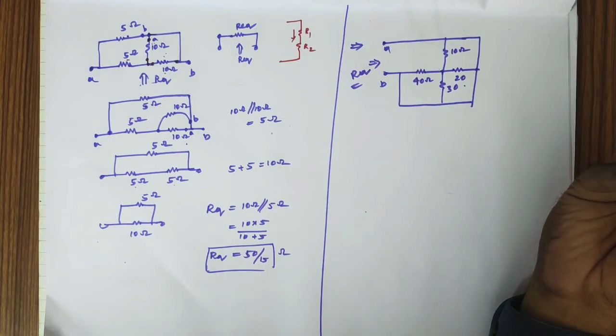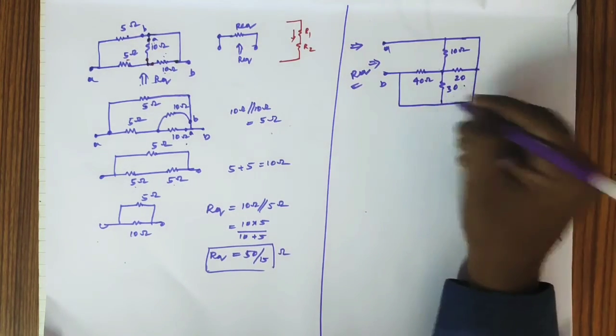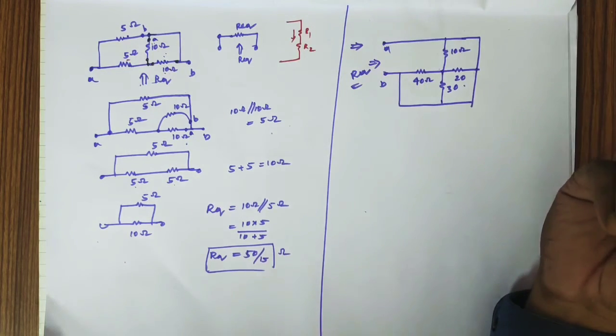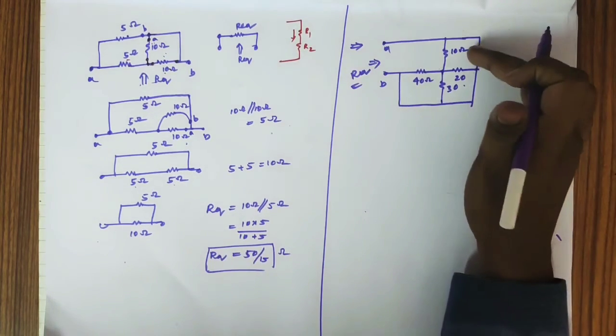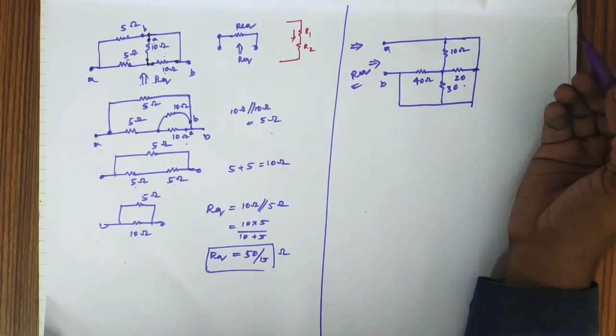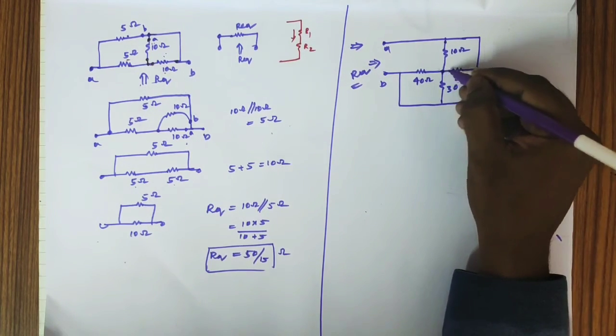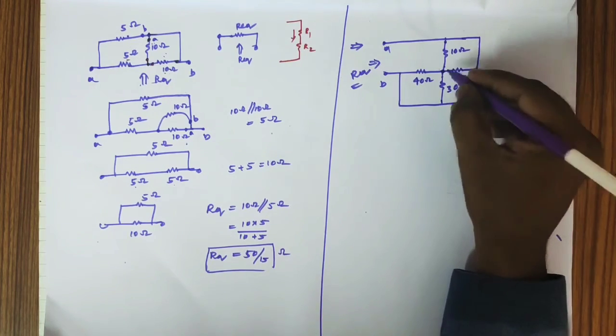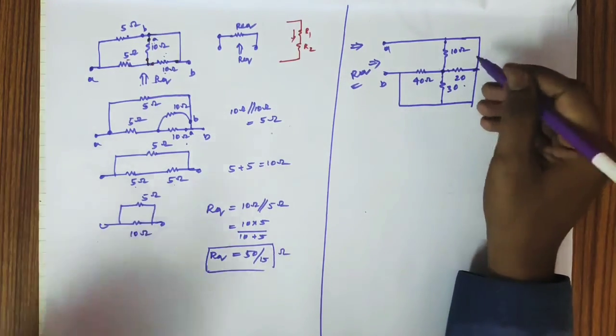Now what you observe is which elements are connected in series or parallel combination. If you see carefully, this 10 ohm and 20 ohm have one end terminal common, and this one also has one end terminal there. So these three elements share one end terminal. First we will do these two.